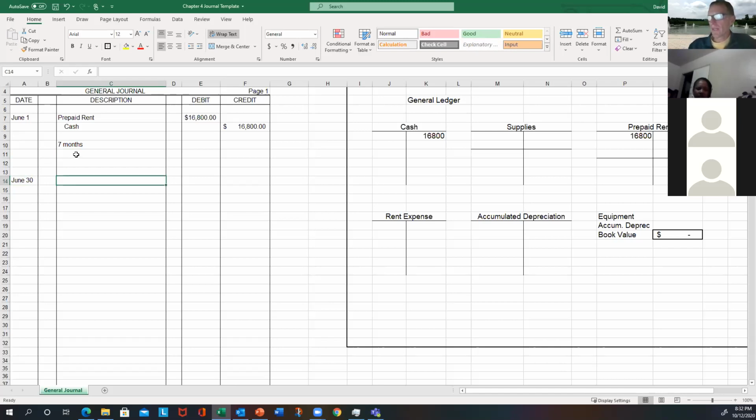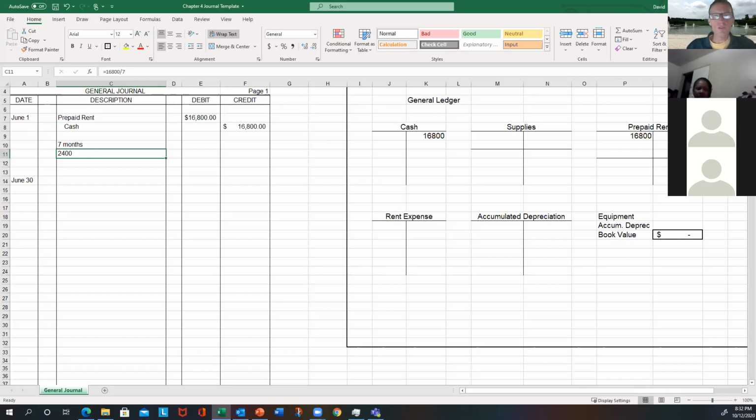So how could we do that? We got $16,800. Of course, we divide 16,800 by 7. And does everybody see that would give us $2,400? Yeah. 16,800 divided by 7. We are essentially saying our monthly rent is $2,400.